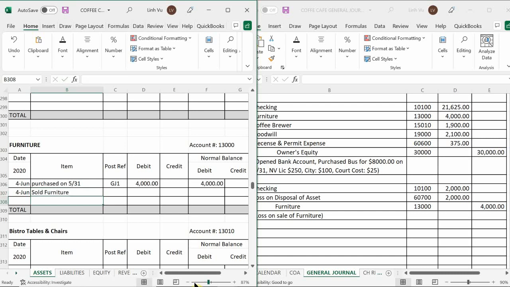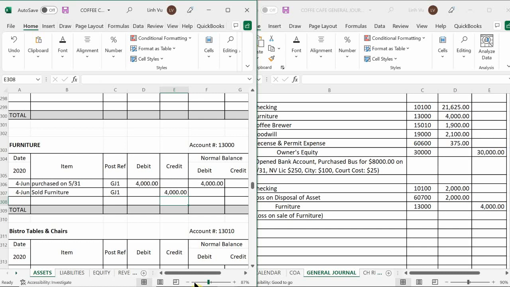Spelling doesn't matter in this, of course, but again, more details in your notes will be better. Because I sold the furniture, I end up getting rid of the asset. Therefore, it's no longer on my books. So in order for me to get rid of it, I have to decrease the account. And I'm going to decrease it by a credit of $4,000.